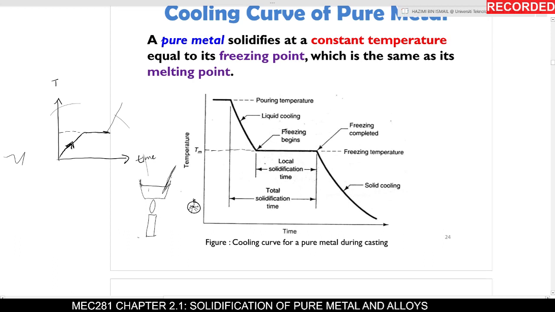Jadi sampai sini dia kenapa dia constant? Sebab haba dilepaskan kat sini tak menyebabkan suhu dia turun dah. Haba yang dilepas kat sini menyebabkan bond between the atom and molecule dia tu makin rapat. Sebab atom tu sendiri pun dah kurang tenaga. Sebab tenaga tu dalam bentuk haba telah dikeluarkan melalui cooling process, melalui penyejukan tu. So apa jadi? So atom dia makin rapat.